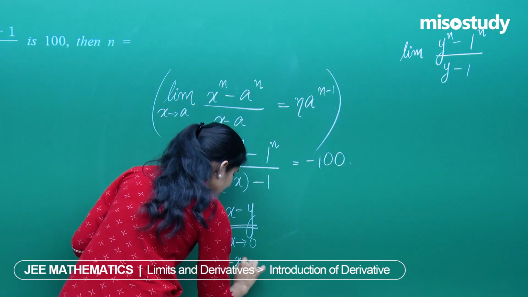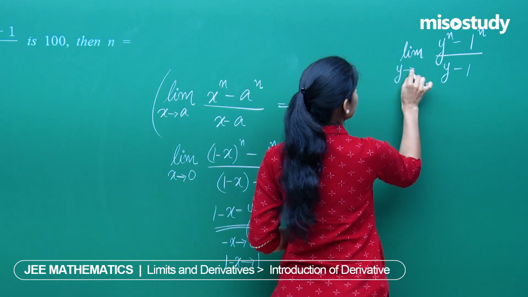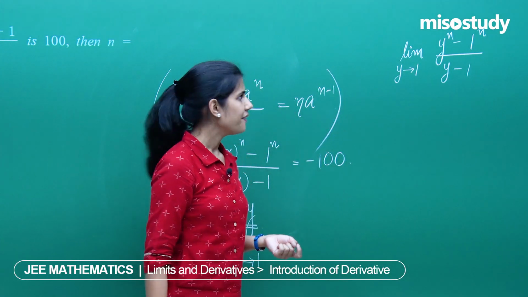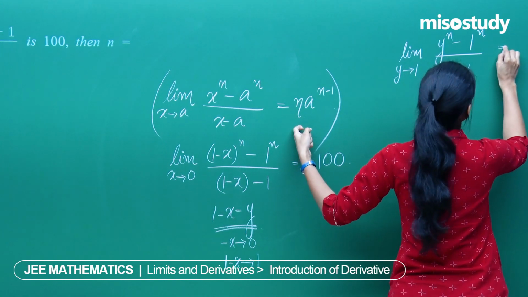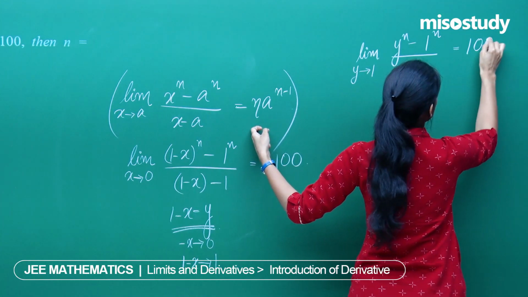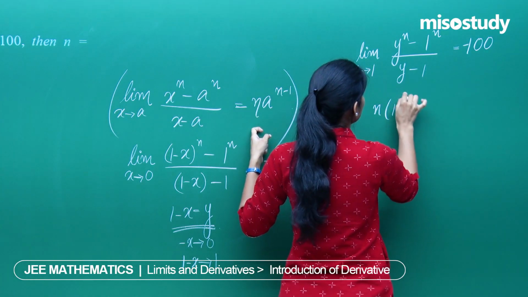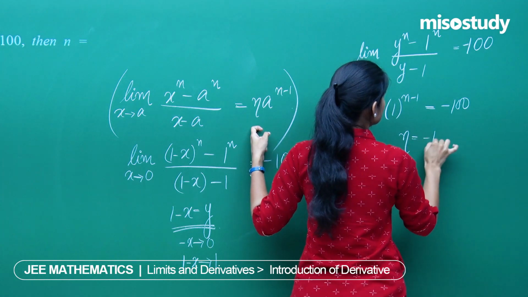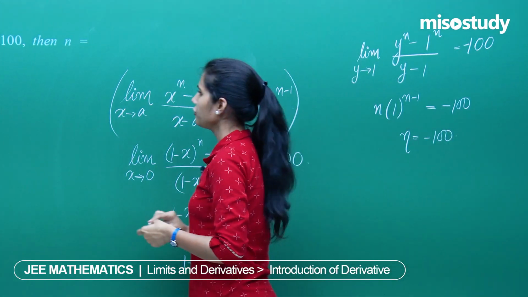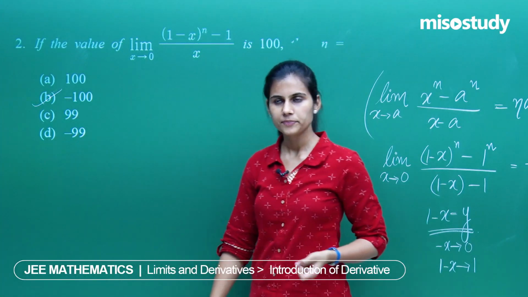So 1 minus x approaches to 1, that means y approaches to 1. And this is exact copy of this. This is n into a to the power n minus 1. This thing is given to you as minus 100. So this expression n into a to the power n minus 1 is minus 100. That means n is minus 100, and therefore your answer is option number B, that is minus 100.